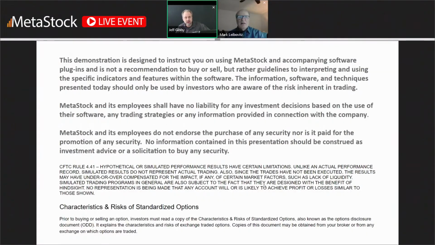Today's demonstration is designed to instruct you on using Metastock and its plugins. It's not a recommendation to buy or sell, but rather guidelines to interpreting and using specific indicators and features within the software. The information, software, and techniques presented today should only be used by investors who are aware of the risk inherent in trading. Metastock and its employees shall have no liability for investment decisions based on the use of the software, any trading strategies, or any information provided in connection with the company.